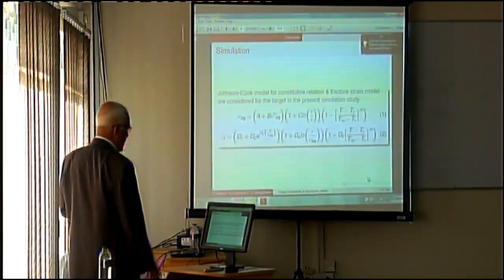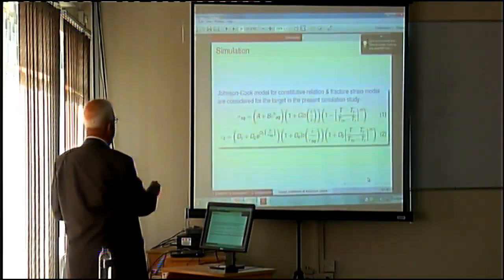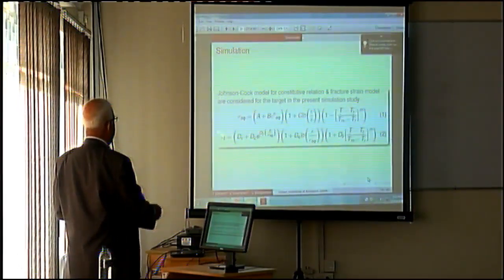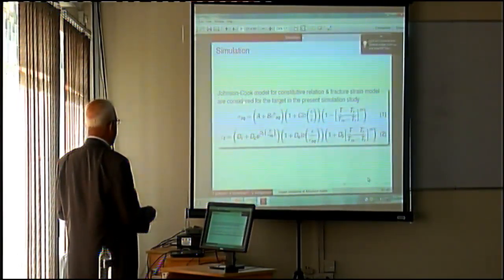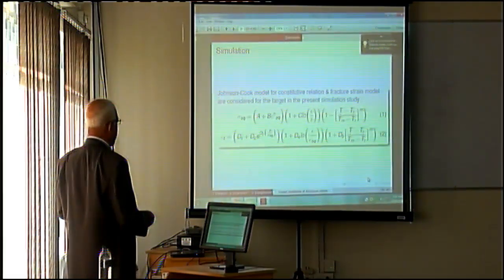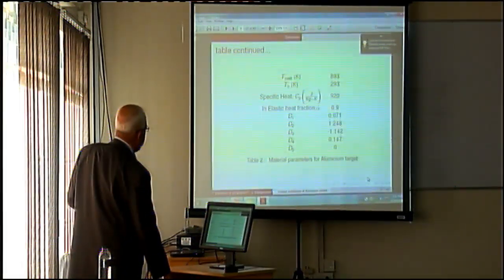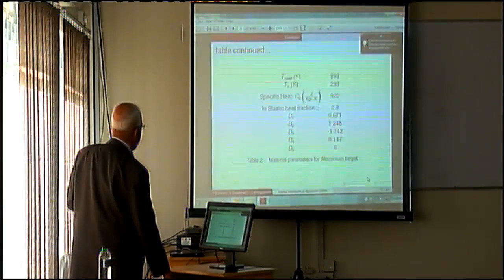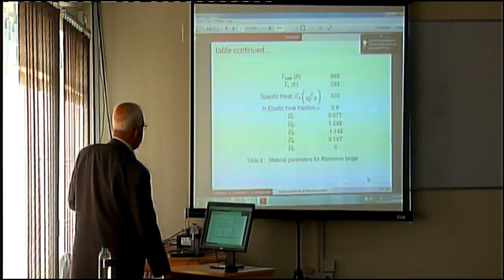And this is the standard governing equation by Johnson and Cook. So we can have the details of that model for this particular material, for an aluminum target like this.